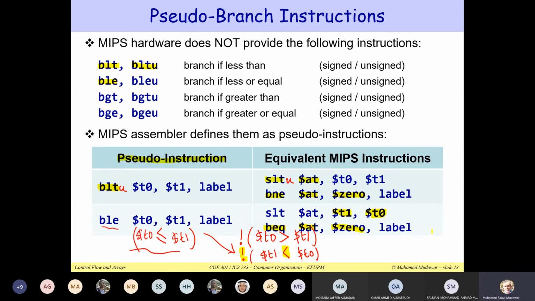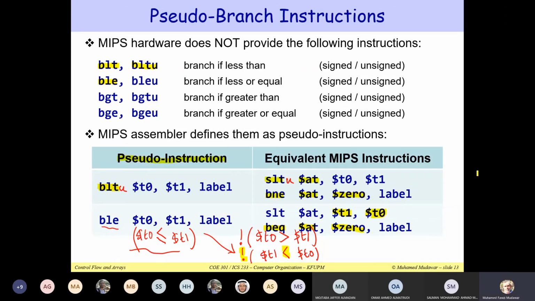Okay, is this clear? You have to understand the logic behind the meaning of these pseudo instructions, and therefore you can always take any one of these 8. Of course, the first 4 are used here for signed integers. The next 4 are used for unsigned integers.